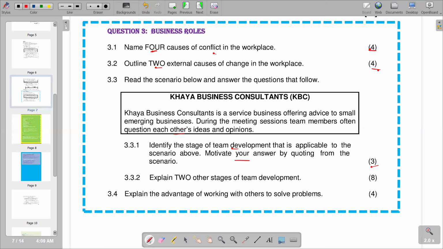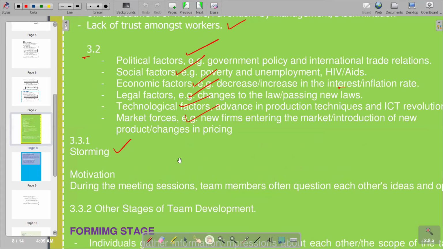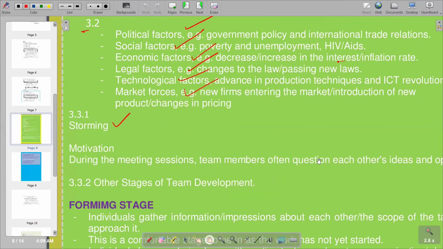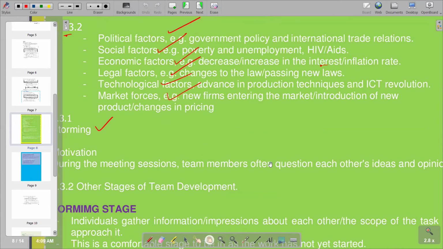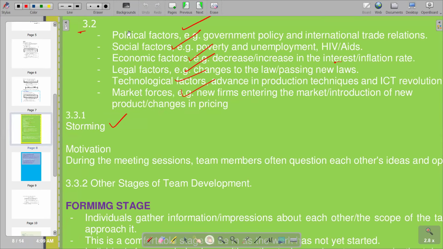We have the last sentence saying during the meeting sessions, team members often question each other's ideas and opinions. So that's where we are going to make a reference. In the answer section, you would see the reference being made in the motivation, where it reads: during the meeting sessions, team members often question each other's ideas and opinions, which is the motivation that we have. So this is what we have on 3.3.1.